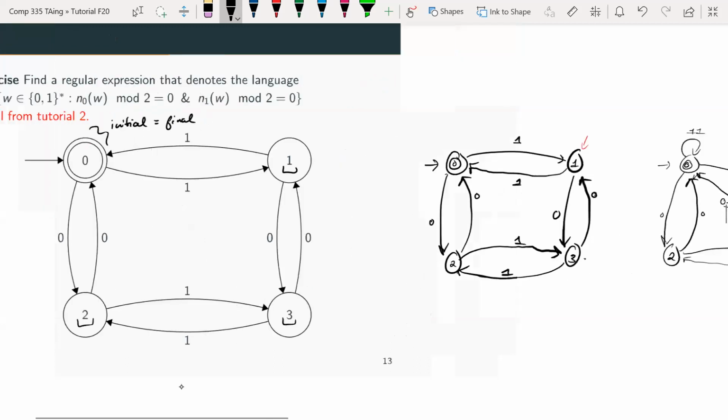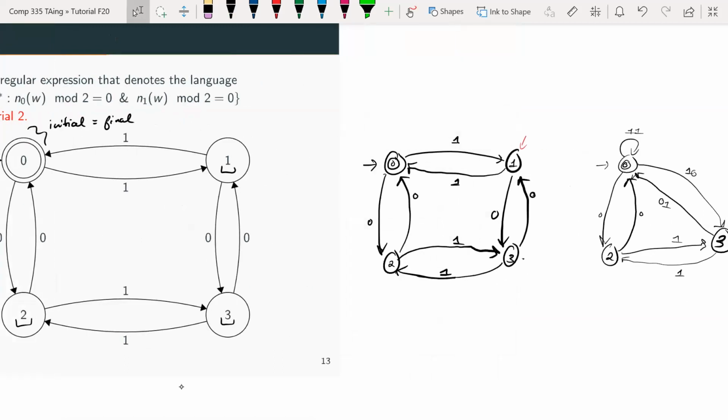I apologize for how messy this looks, but I've already written the exact same GTG in pen. The first intermediate state that I want to get rid of is this one. I want to get rid of 1.